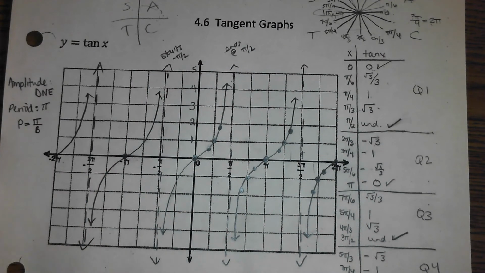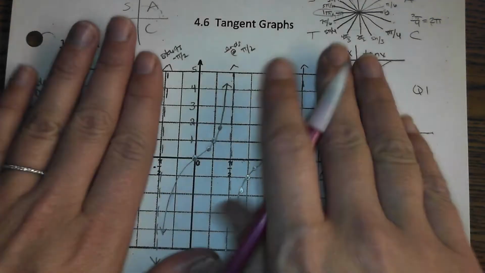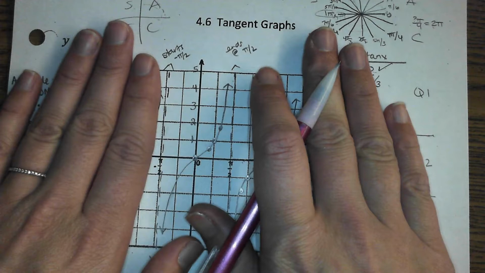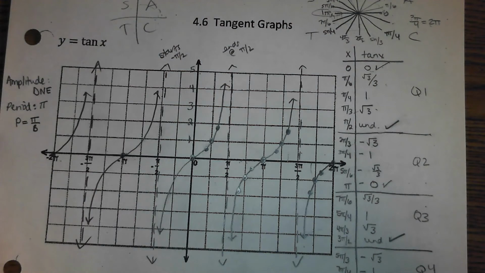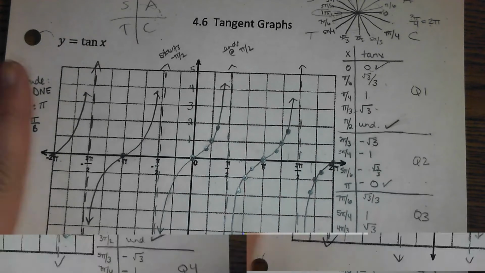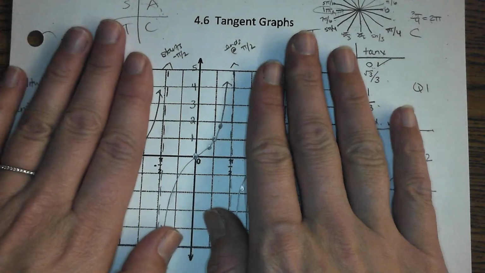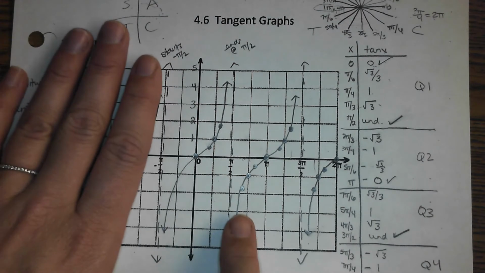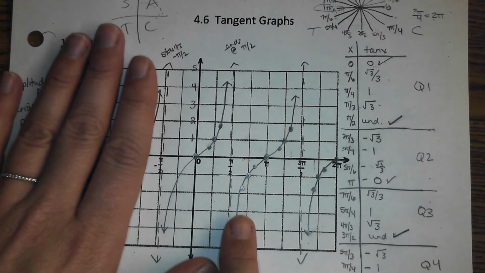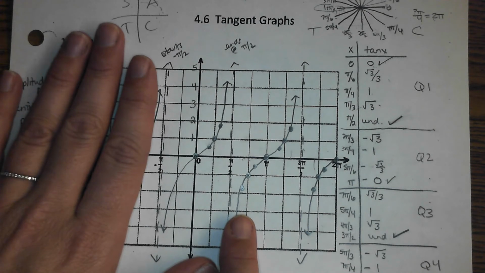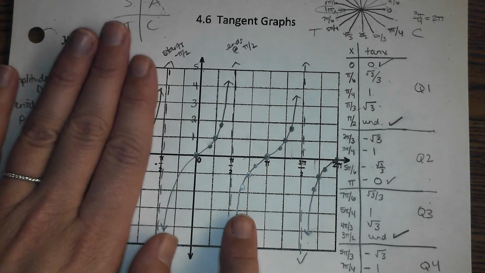This one is stretched horizontally by a factor of 2. So it's actually going to start at where? Where would you say? If we horizontally were to stretch this by a factor of 2, where is this vertical asymptote going to move? If you stretch it out by 2.